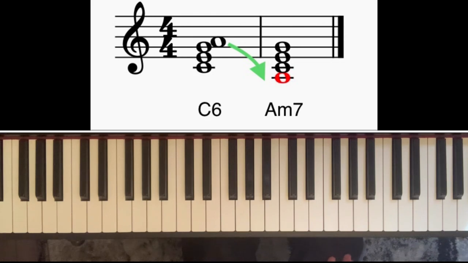When you're improvising over a 1-6-2-5, you've got to remember that really you're playing a sort of 1-5 chord progression, but with a couple of substitute chords.